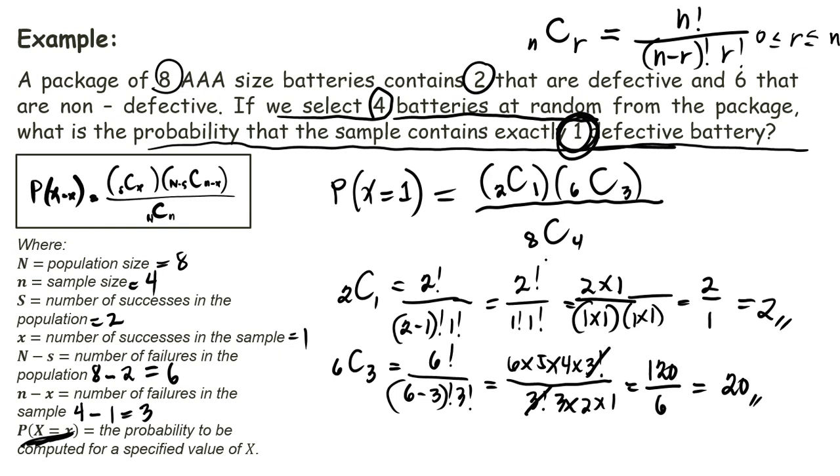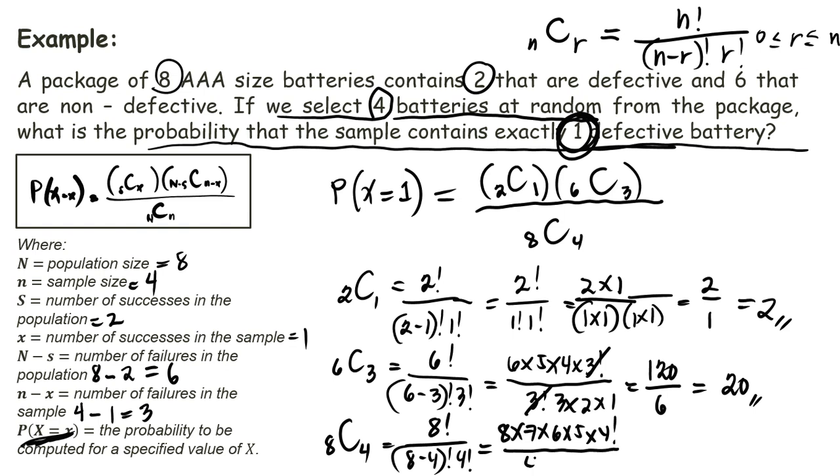And then divide 8C4 naman. So 8C4. So that is 8 factorial, divided by 8 minus 4 factorial, 4 factorial. So that is 8 times 7 times 6 times 5 times 4 factorial. Divide by 4 factorial, 4 factorial. So, cancel yung isang 4 factorial.